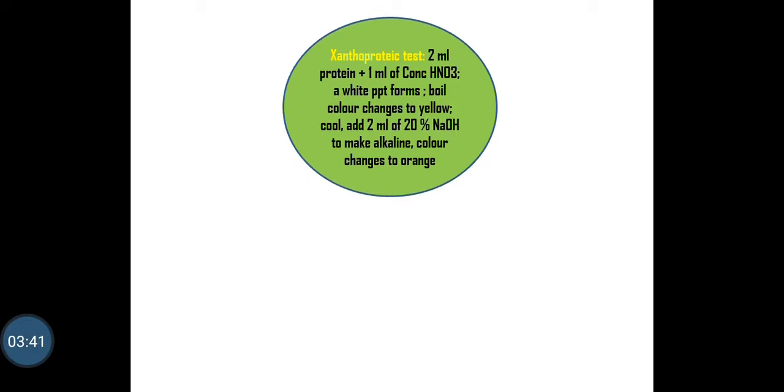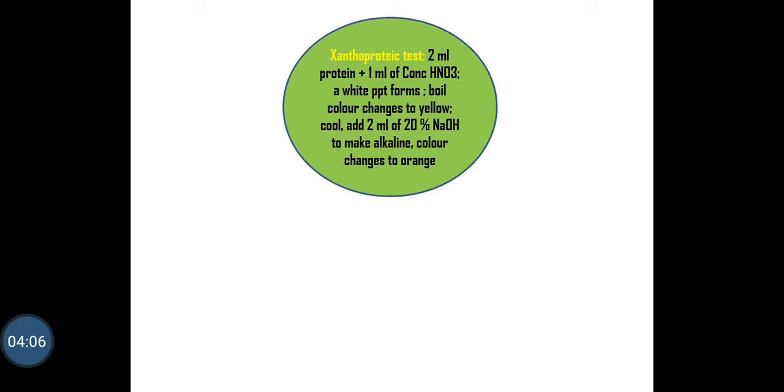The white precipitate of protein after the addition of nitric acid is due to the formation of metaproteins insoluble in nitric acid. The nitro compounds from the protein molecule containing benzene ring develop a yellow color. These nitro compounds in alkaline medium ionize freely and produce deep yellow or orange color.